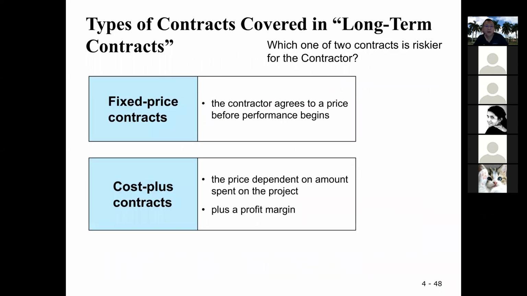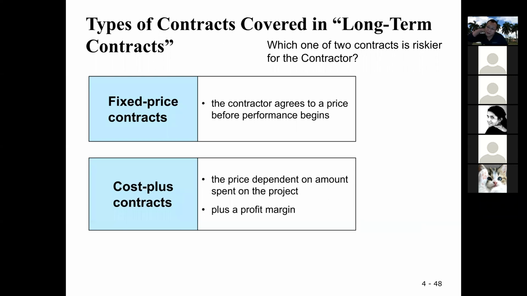Okay, so here, there are different types of contract. Long-term contracts can have different types. The first type is called a fixed price contract. The contractor agrees to a price before performance begins.